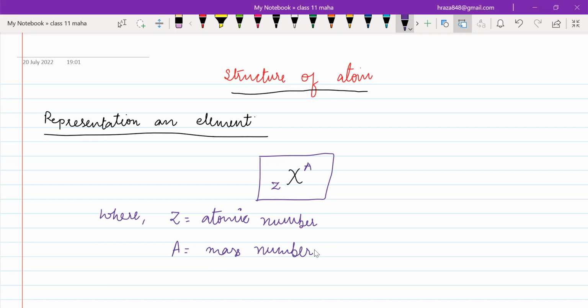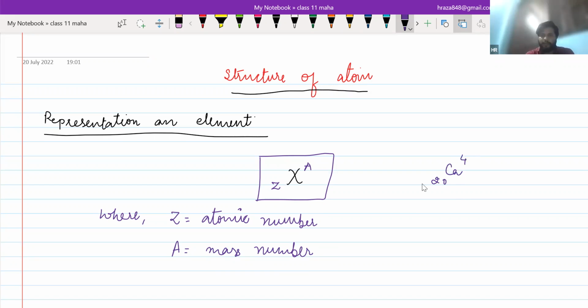So do you know how to calculate the number of electron, proton, atomic number and mass number if a representation of an element is given? Yes. Okay, so I'm just going to ask you a question: calcium, 20 and 40 here. Can you tell me the atomic number, mass number, number of neutron, number of proton, as well as number of electron?